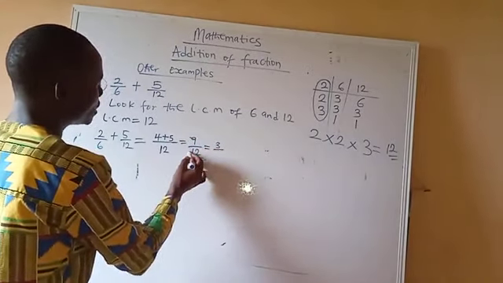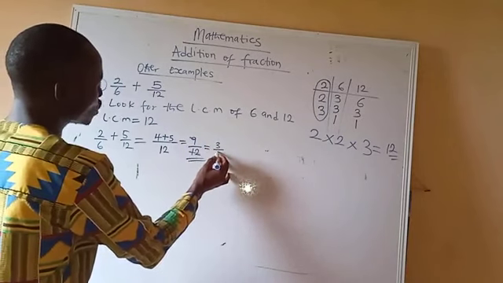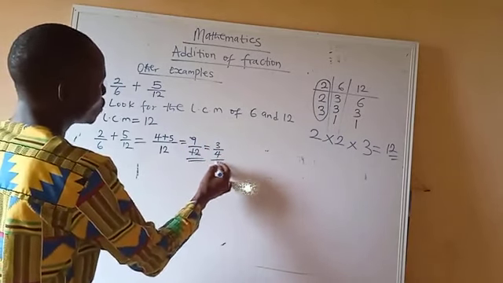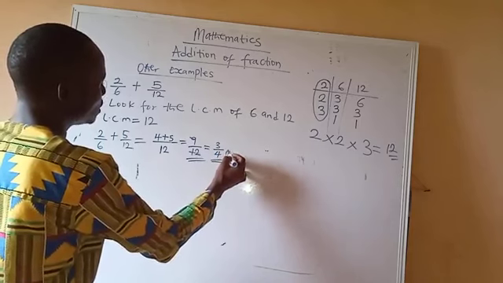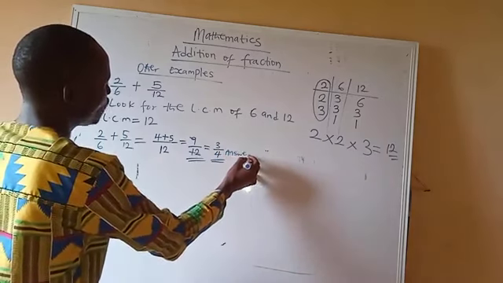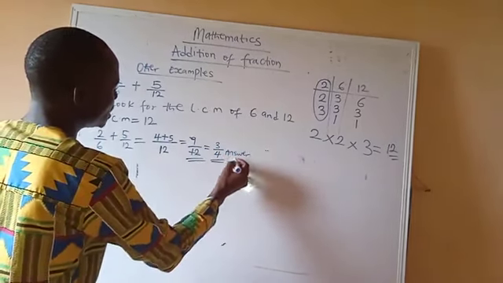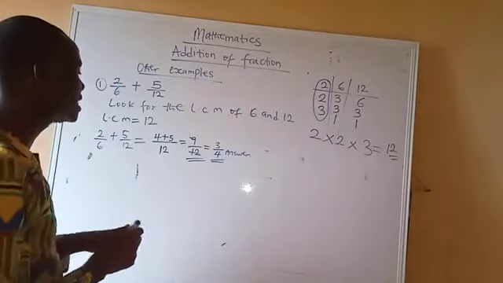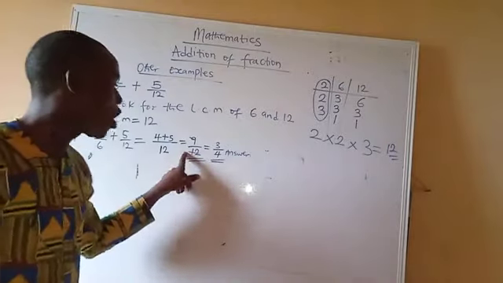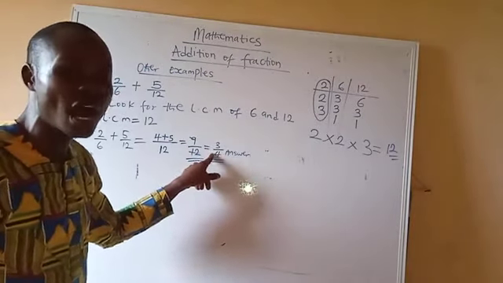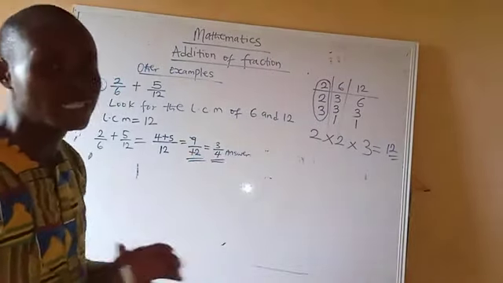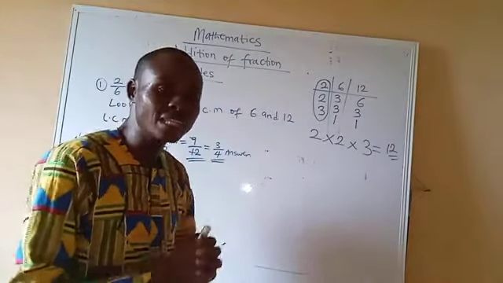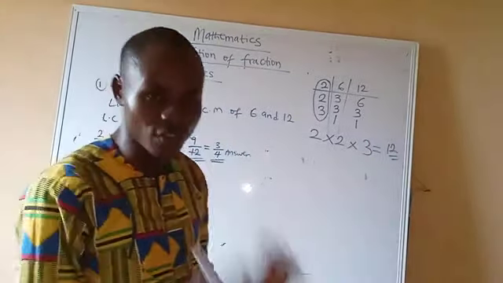Over 12 divided by 3 will give us 4. So this is our answer in the smallest form. So either you leave your answer as 9 over 12, or you leave your answer as 3 over 4. So this is how we do addition of fractions.